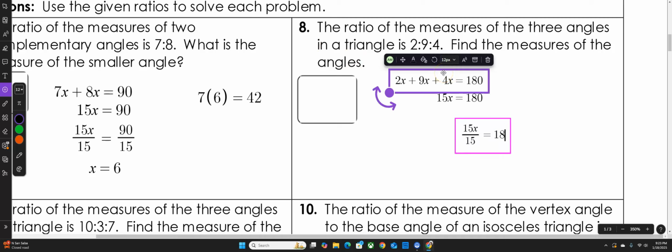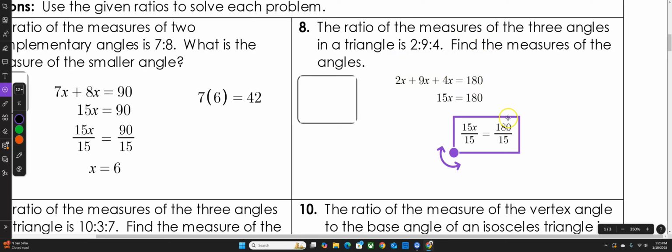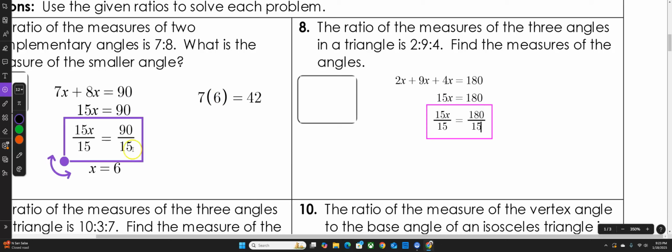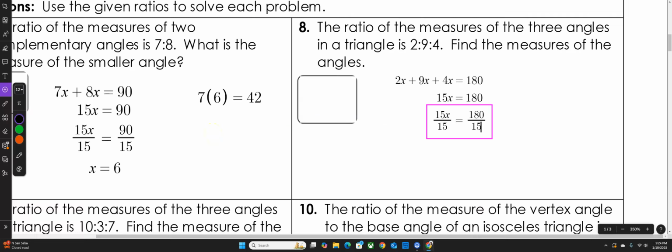Divide both sides by 15, and since we know that 90 is divisible by 15, it looks like it's going to be easy to do 180 by 15, because we got 90 divided by 15 is 6. So I predict that 180 divided by 15 is 12. Let's find out. Yay, 12. And that's again a practice of ratios. Okay, so we have x equals 12.